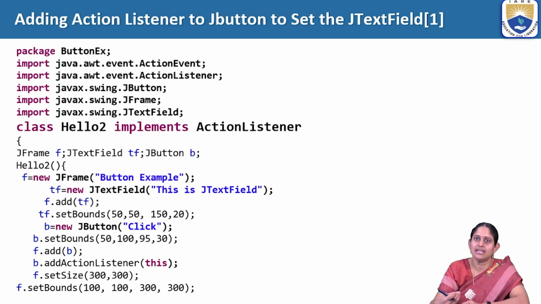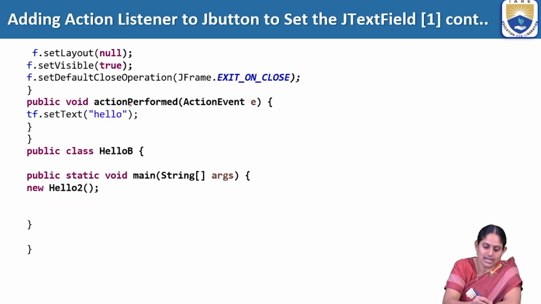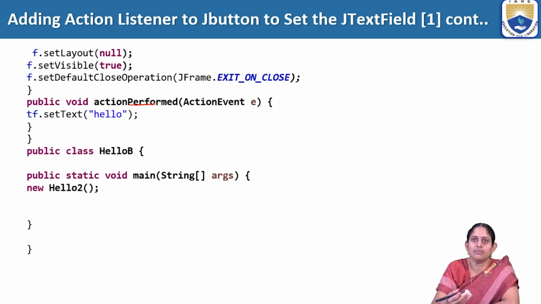We have to implement the action listener interface. We can either have the class we are working on implement the action listener interface, or we can go for anonymous classes to implement it. Here in this example, my class is implementing the action listener interface. This interface has a method named actionPerformed, which will be triggered when that particular event occurs.